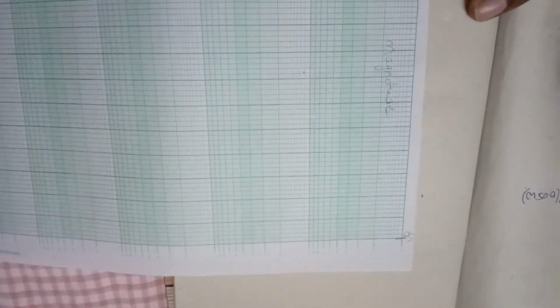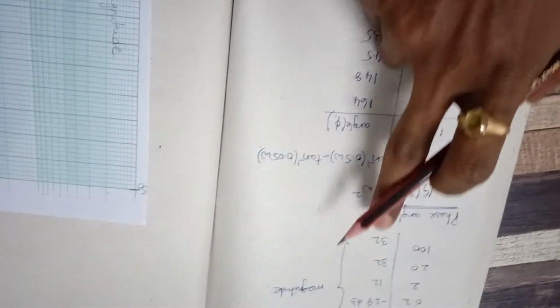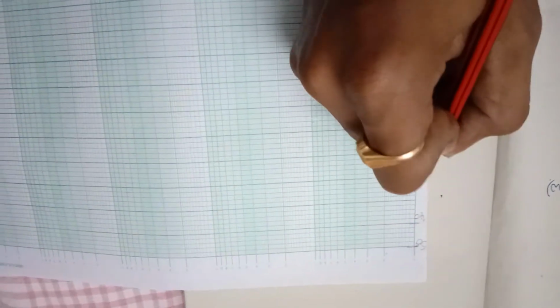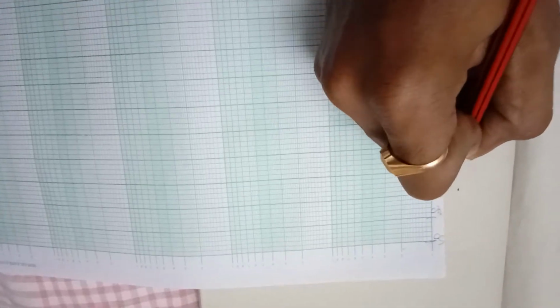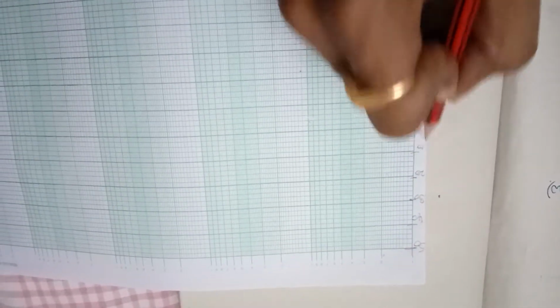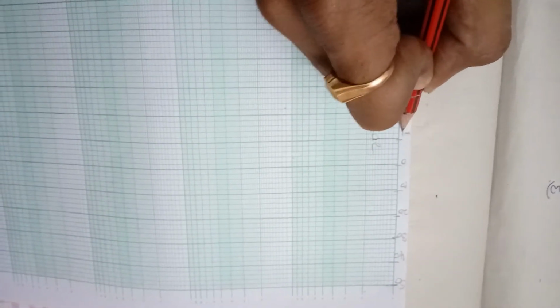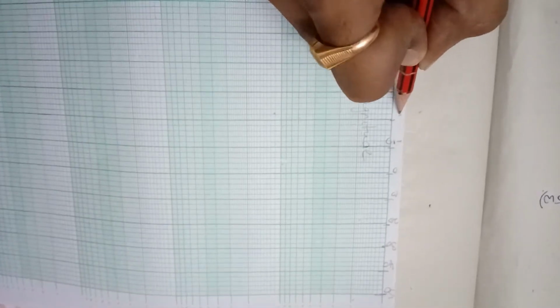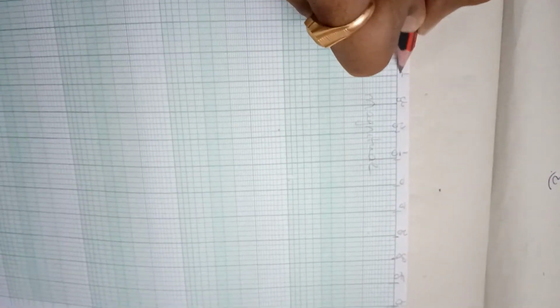I'm having 32 as the highest number, so give it a random 50. So 50, 40, 30, 20, 10, 0, minus 10, minus 20, minus 30, minus 40.